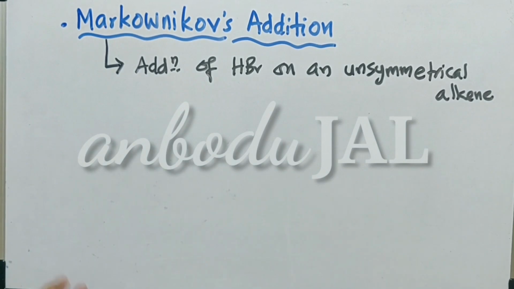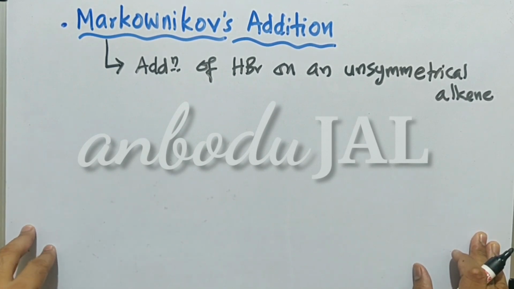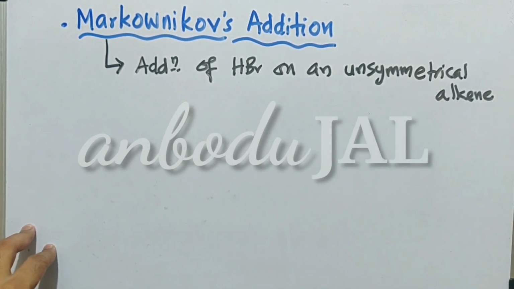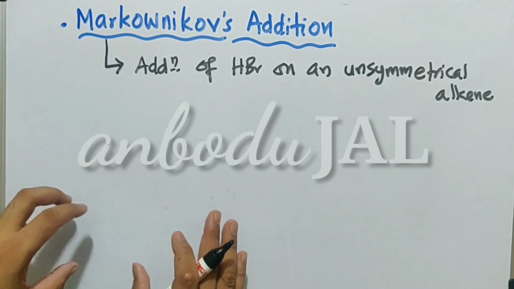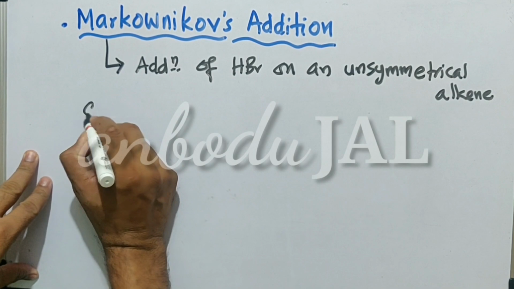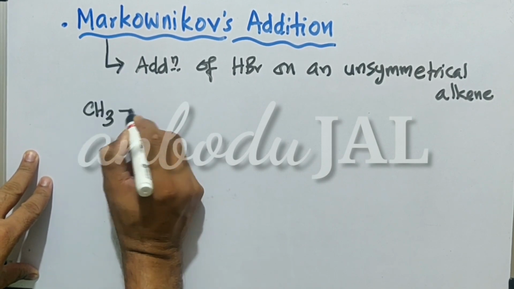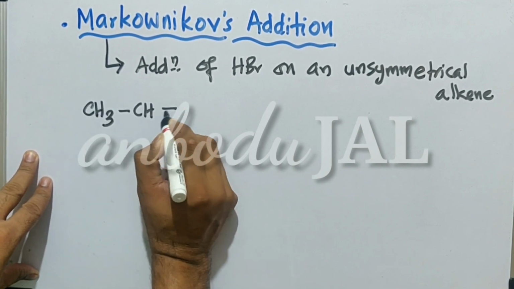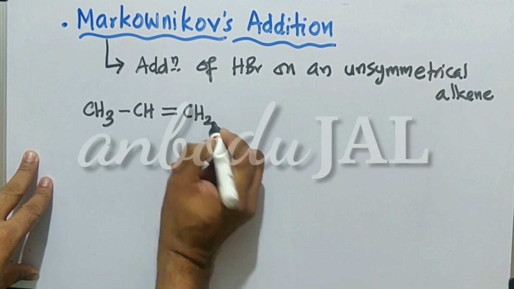If the number of carbon atoms on either side of the double bond is different, those types of alkenes are known as unsymmetrical alkenes. The simplest example for Markovnikov's addition, listen here: CH3 single bond CH double bond CH2.